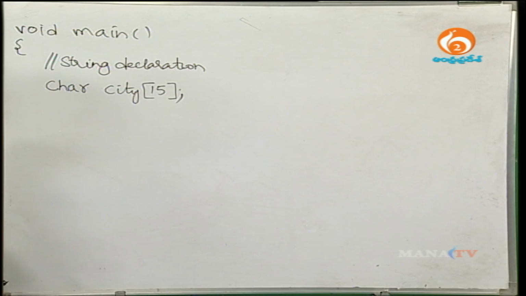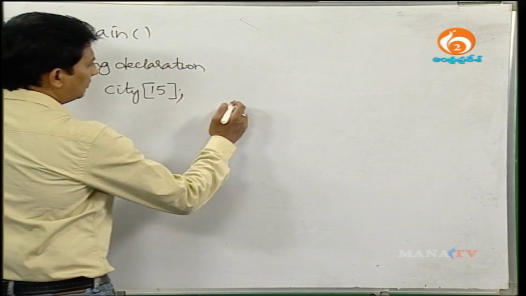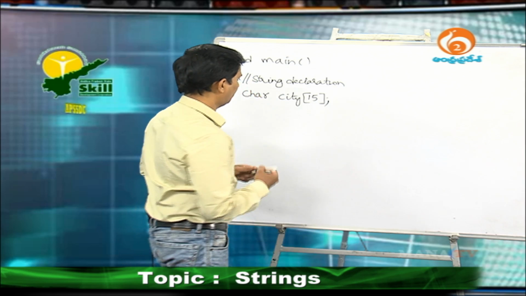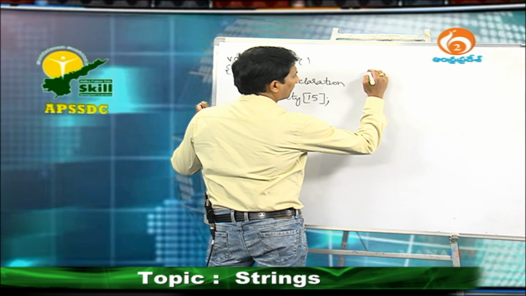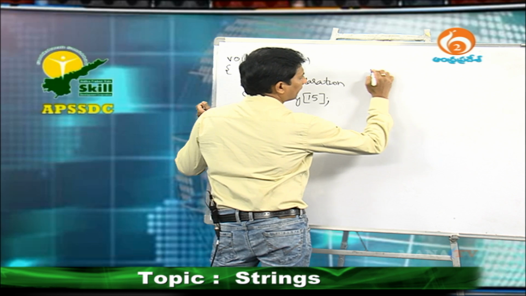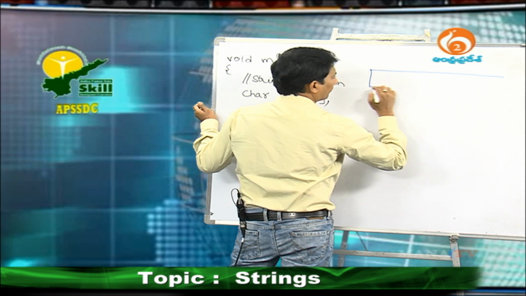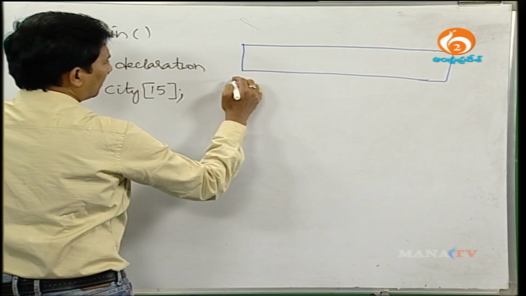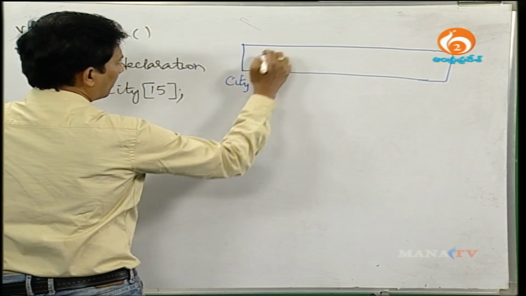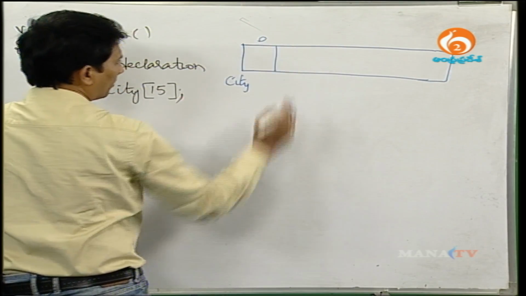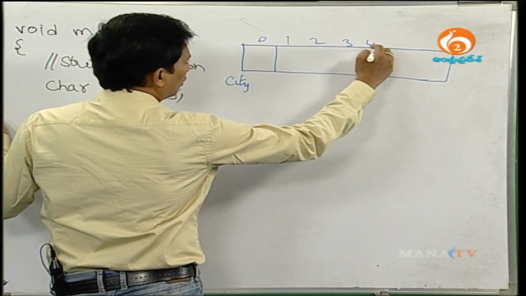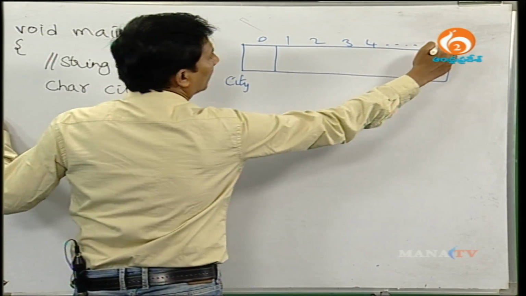Whenever this statement is executed, one variable is created here. city, indexes 1, 2, 3, 4 and so on, up to 14 at last.